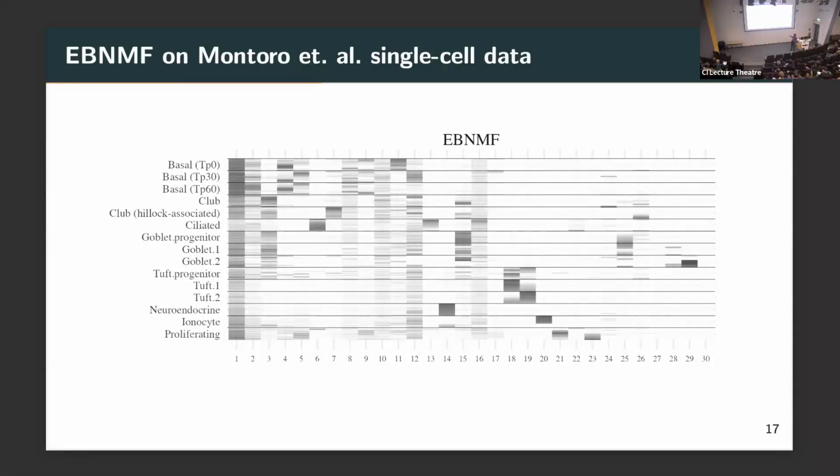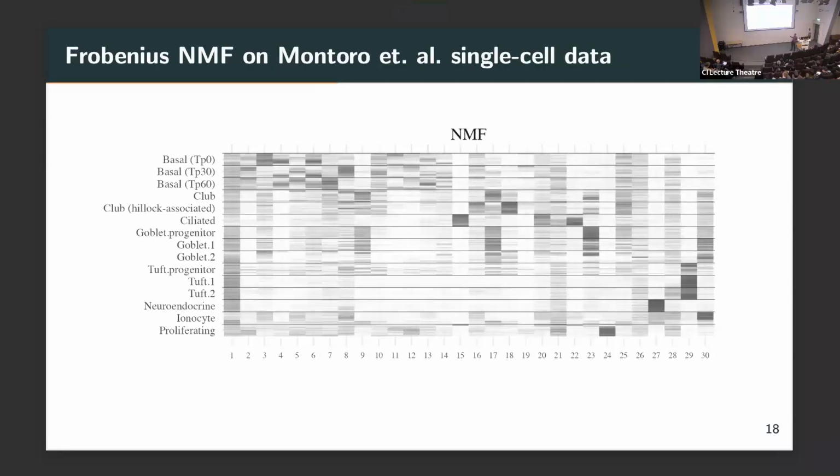I'll just highlight this factor 20, for example, which picks out a subset of the ionocytes. It's picking out some of those pulmonary ionocytes, and maybe corresponds to the pulmonary ionocytes that the original paper identified. This is NMF.